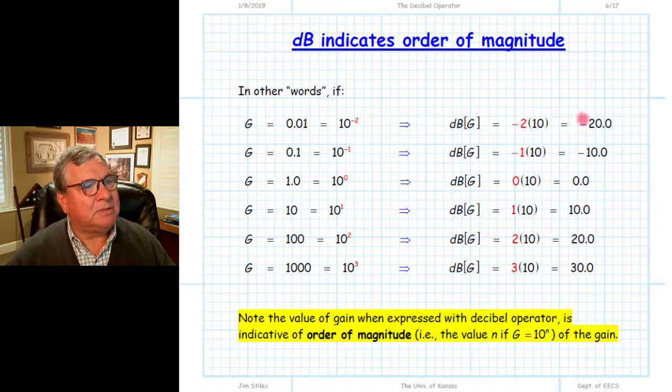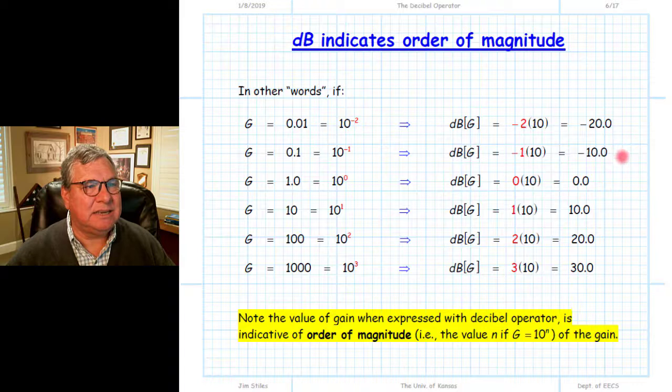Well, minus 2 times 10 is minus 20. That is the value of our gain of 10 to the minus 2 when expressed with the decibel operator. We increase the gain 10 times, and we find the resulting gain increases from minus 20 to minus 10. We add 10 to minus 20 to get minus 10.